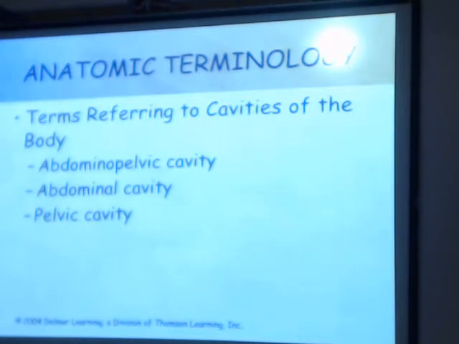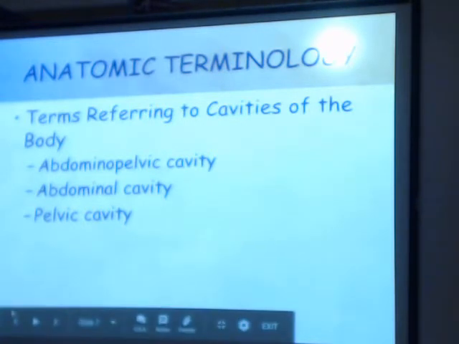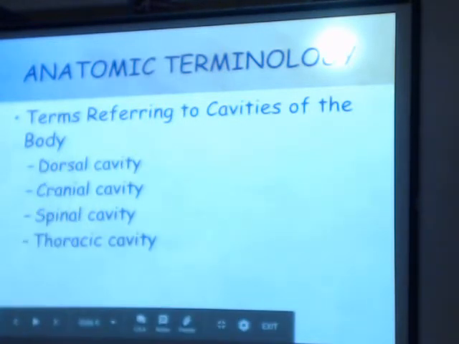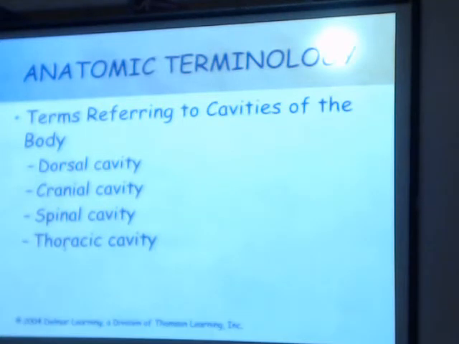So I'm going to take us back a section, and I want us to talk a second about that thoracic cavity. So what's in your thoracic cavity? You have your heart, which would have a pericardium, or the cardiac cavity. Then each lung has a pleural cavity, and then you have another cavity in there.